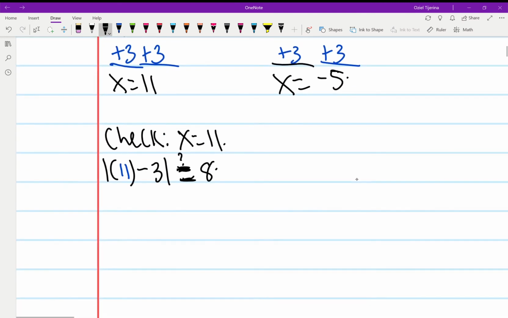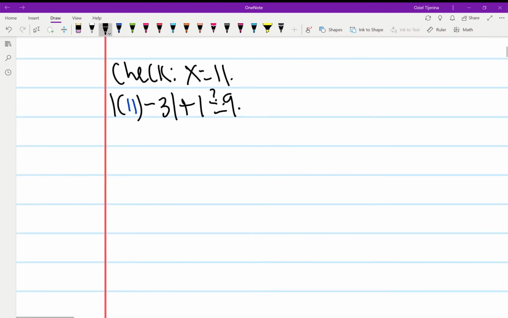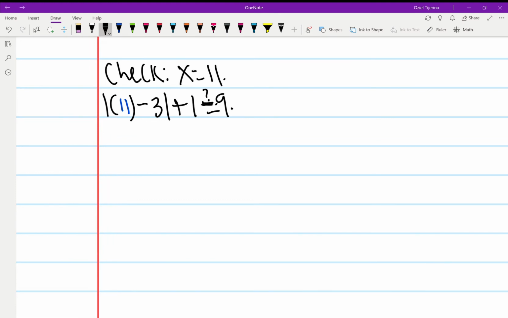Plus 1. Is it going to equal 9? We put a question mark because we don't know yet.